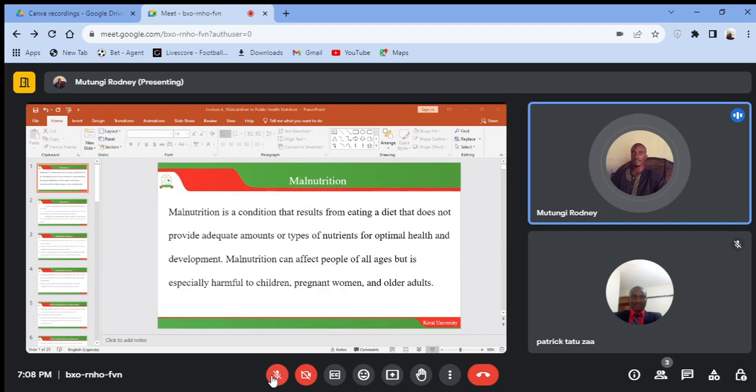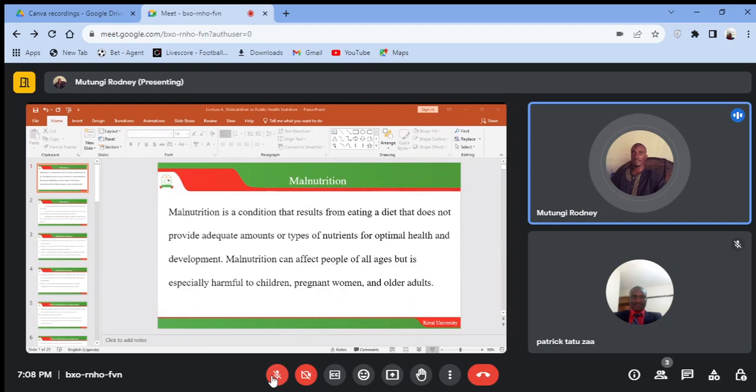Then stunting is another malnutrition concept. Like I had said, it is that condition which results from chronic malnutrition and affects physical growth and sometimes even the brain growth or functioning, what we are calling cognitive development.